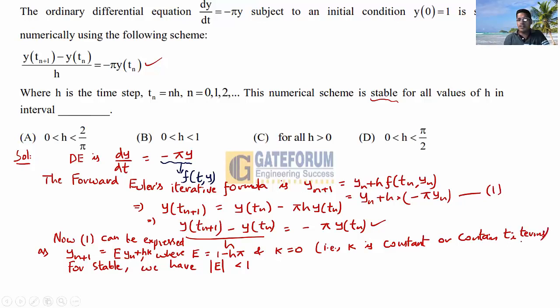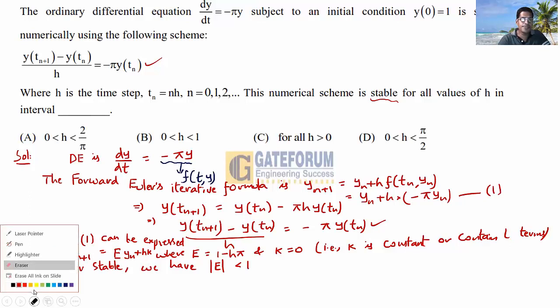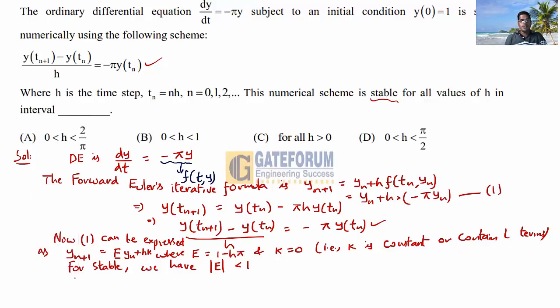That means instead of i notation, it is given in n iteration scheme, n notation. Here this is n. E into y n plus hk, where k is a constant or contains n terms. So here the constant k is 0, because it is absent.